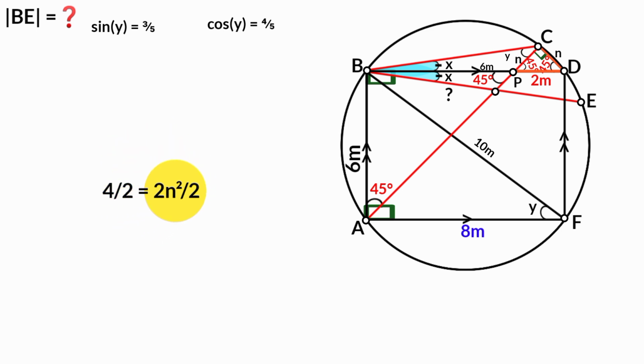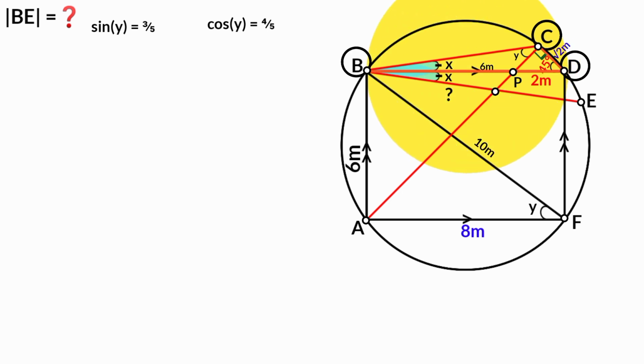Here 2 cancels 2, while here 4 divided by 2 is 2. So 2 equal to n squared. That is n squared equal to 2. Take the square root of both sides. Here square root of n squared is n. So n equal to root 2. That is, the length of these sides are root 2 meters each.